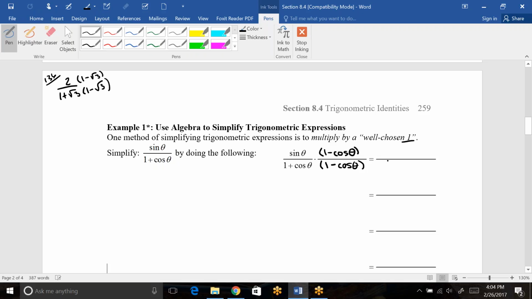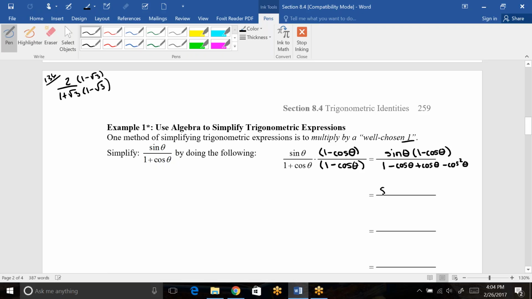So what that gives me is, I'm going to leave this undistributed for a second. So this is sine theta times 1 minus cosine theta. I'll show you why I leave it undistributed, just because you never know what might cancel when you do this. So when we FOIL out this bottom, we get 1 minus cosine theta plus cosine theta minus cosine squared theta. So that's me just FOILing that out.